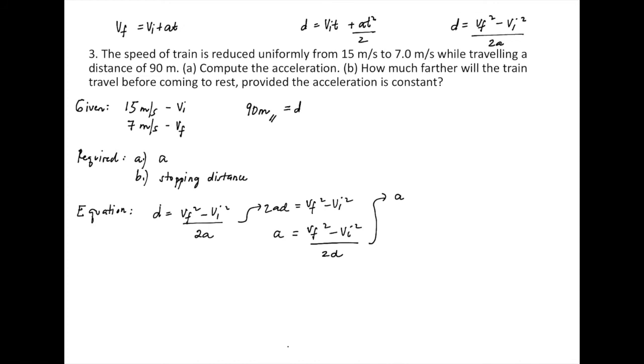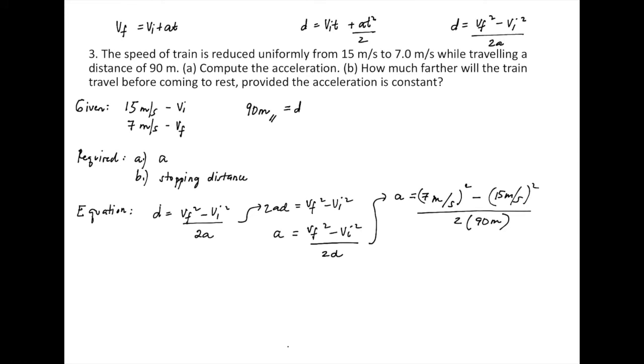And therefore we have now acceleration, the value of vf square, we have here 7 meter per second square, that is our final velocity, minus 15 meter per second square, that is our initial velocity, divided by twice the distance, which is 90 meter.